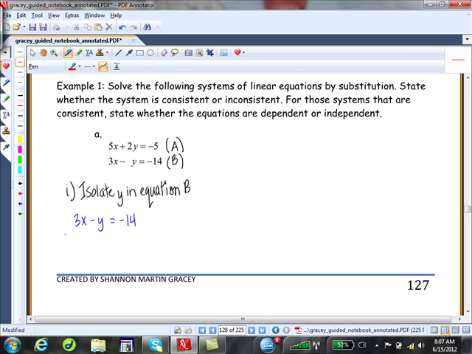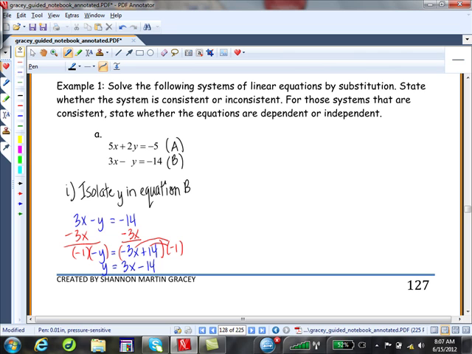If I subtract 3x from both sides, I'll get negative y equals -3x plus 14. Then I need to multiply everything by -1 so that I get a positive 1y, and don't forget to distribute that negative. So we will have y equals positive 3x minus 14.